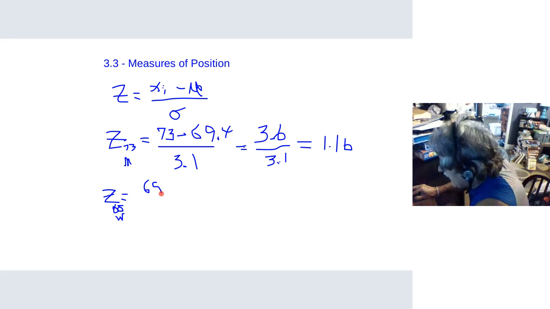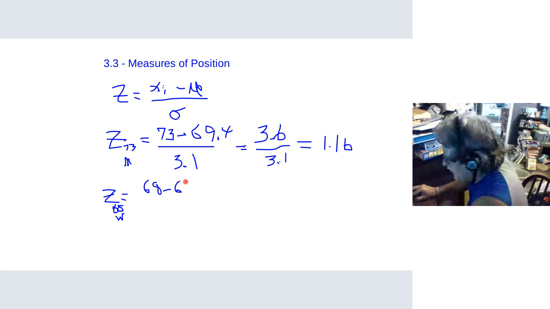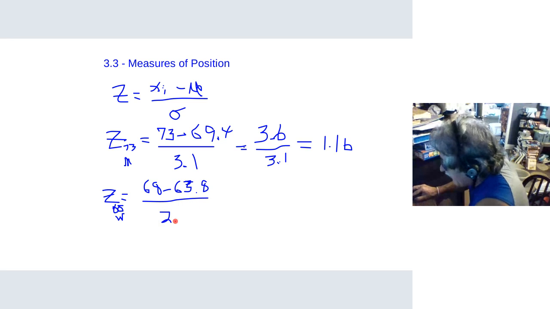But we have to use the mean for the particular data, which in this case, for women, is 63.8. And it was 2.8. Yeah.